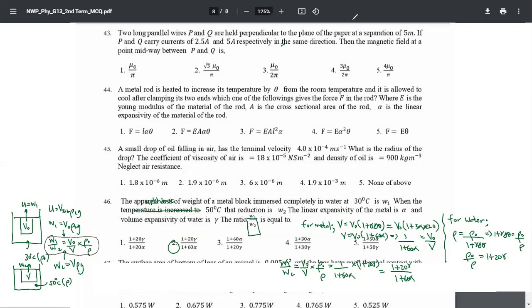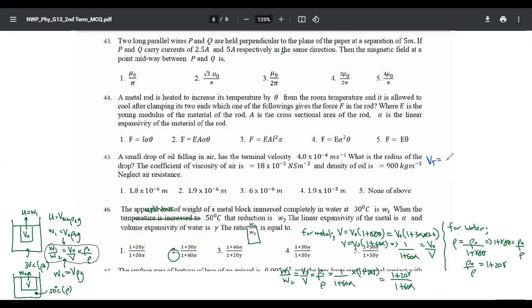Right, so people who have done this might remember this equation. What is the equation, people? Terminal velocity v is equal to 2g over 9 eta into rho minus rho L. Is that the equation? I'm missing something here.